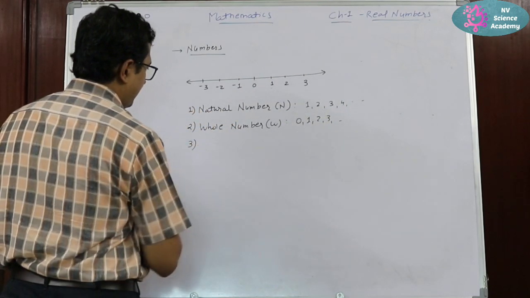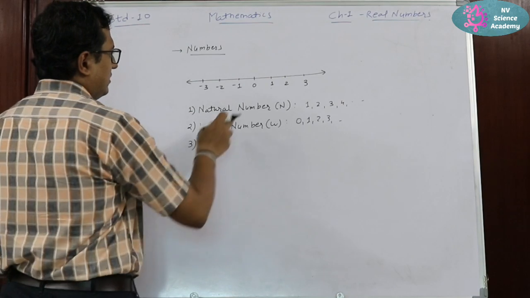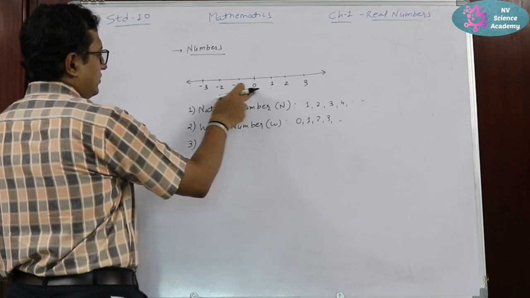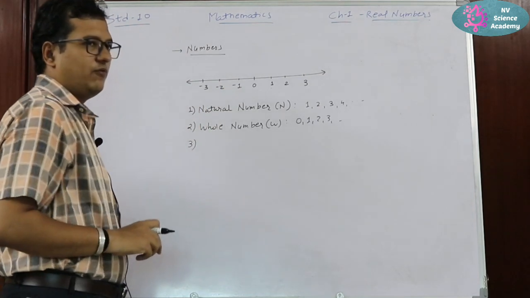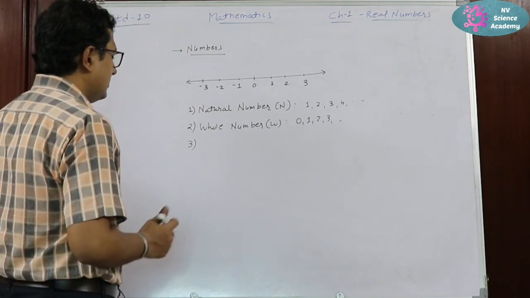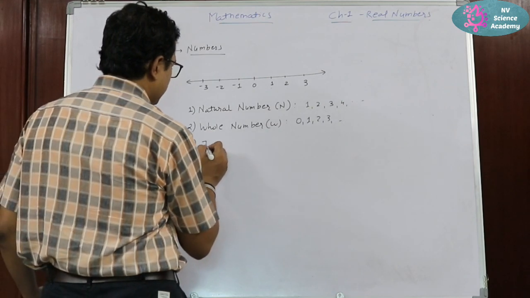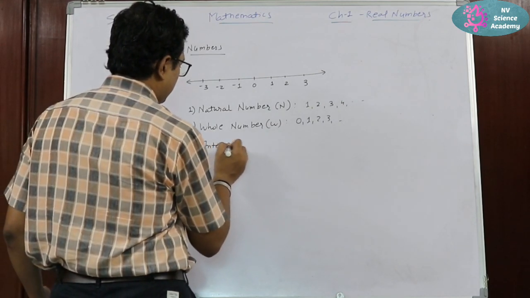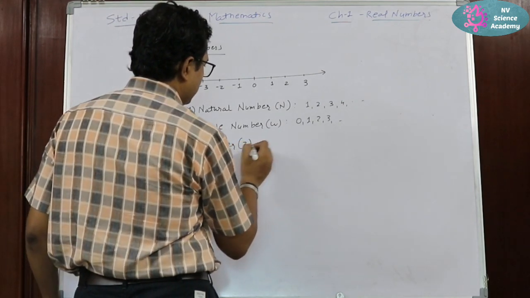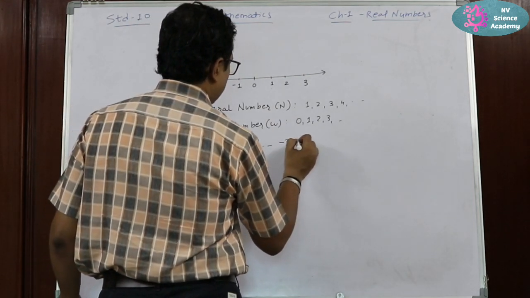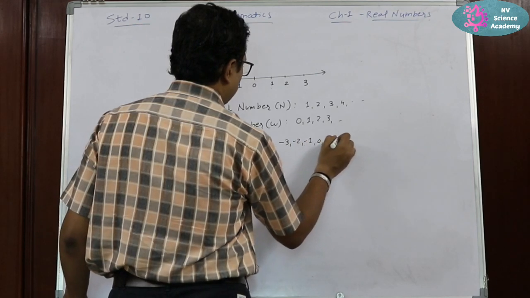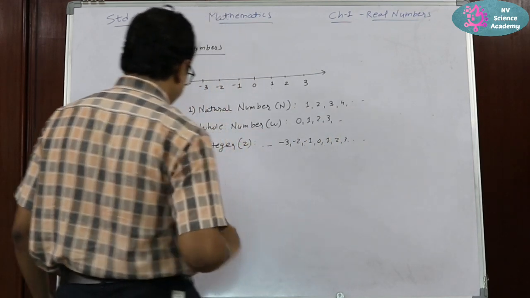Now the third type of number system: if I move to this side, I can see that there are minus numbers. If I include these minus numbers, it becomes the integer, denoted by Z. It includes negative numbers also: minus 3, minus 2, minus 1, 0, 1, 2, 3 and so on.